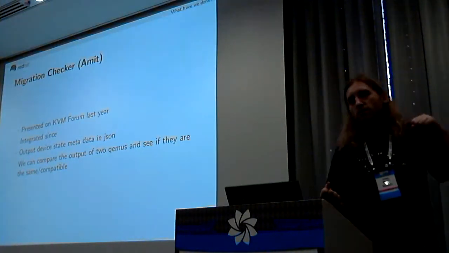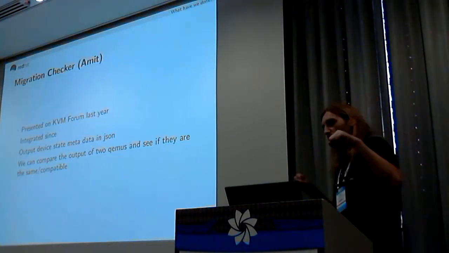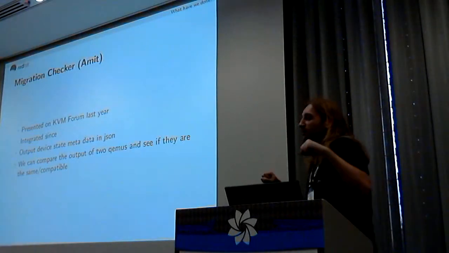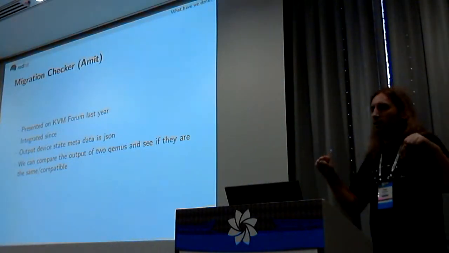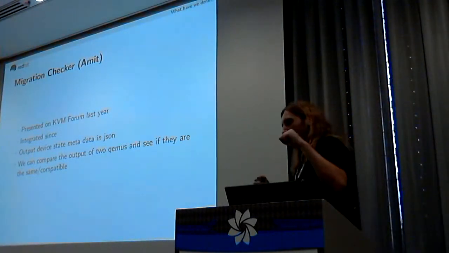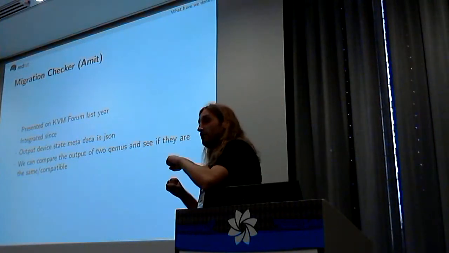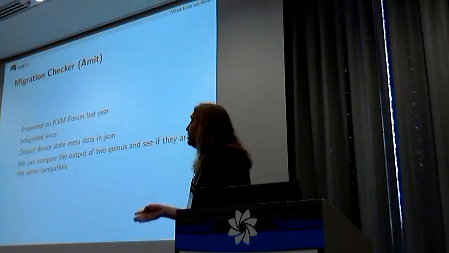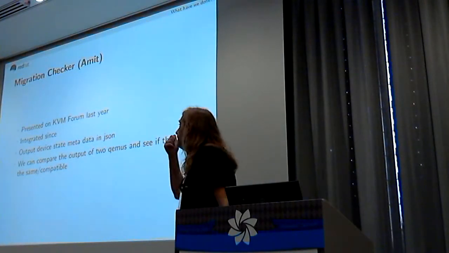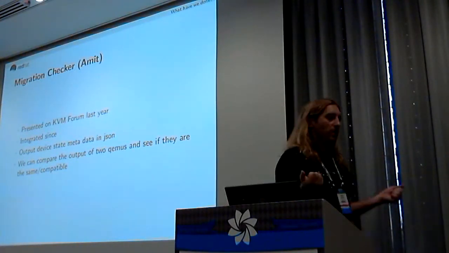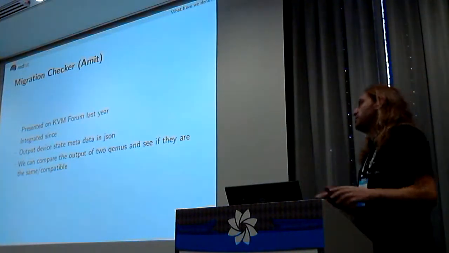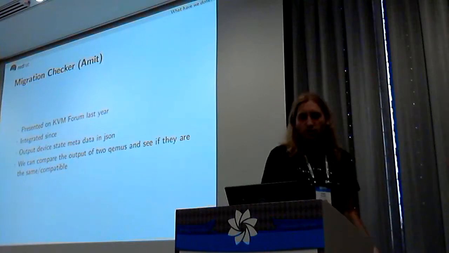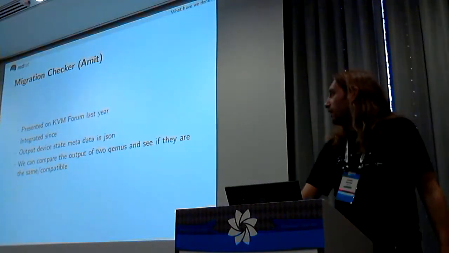Right now, to know if one QEMU is going to be able to migrate to another QEMU, there are 2 things that we want to check: that it has the same devices, and that the devices are in the same versions. Well, this is what the migration checker does. He presented that last year, but it was integrated this year in QEMU, to detect these kinds of things.